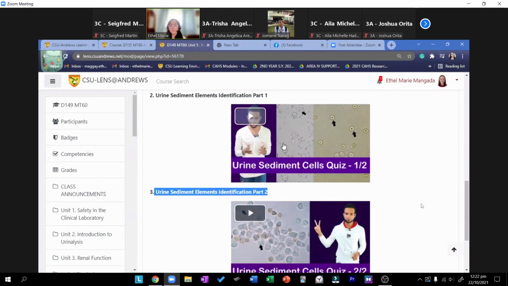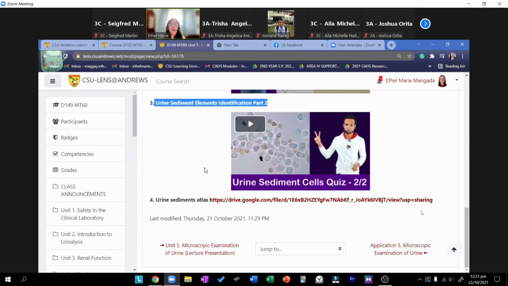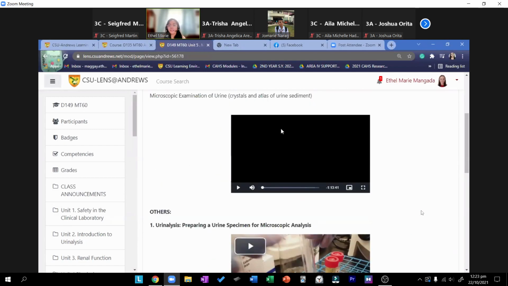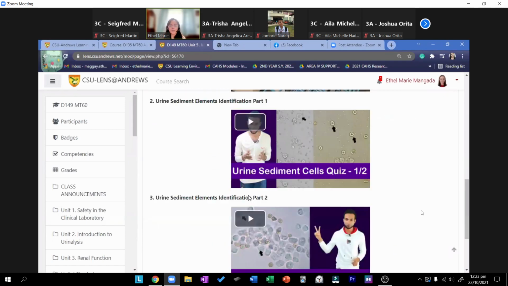So this will help you to test yourself, na-identify mo na ba kung ano yung white blood cell, ano yung red cell doon sa urine sediment natin. Continue nyo na lang dito yung lecture, kasi sa urinary crystals to mag-start, kasi mag-end na tayo ngayon.